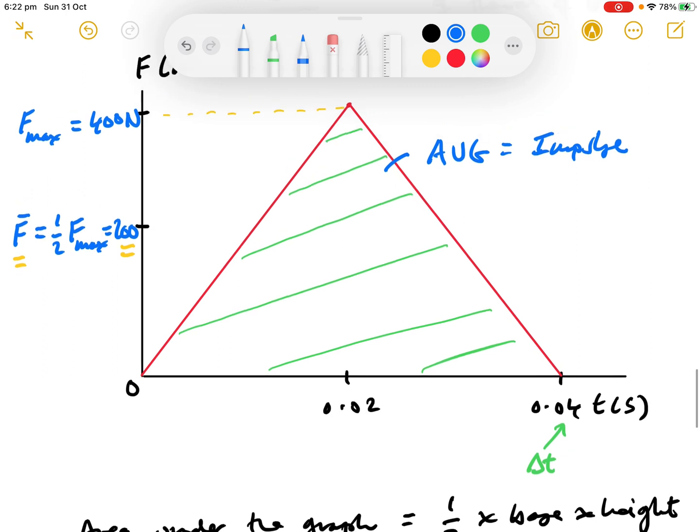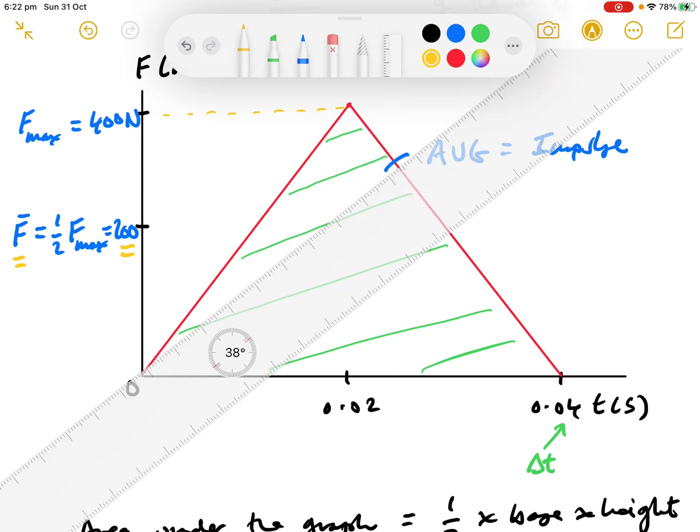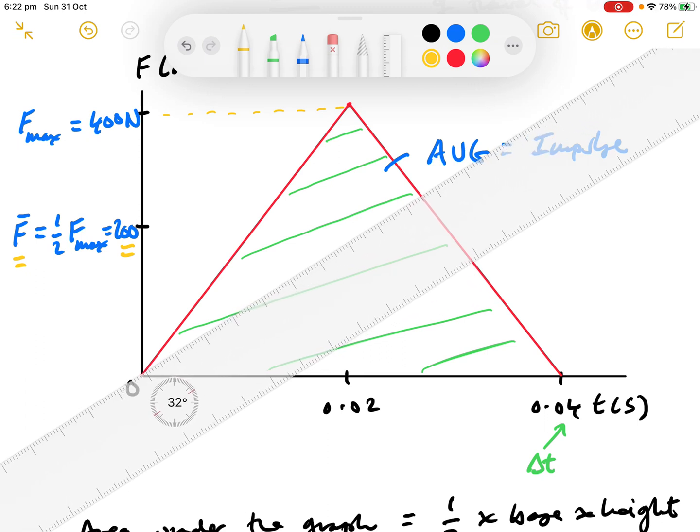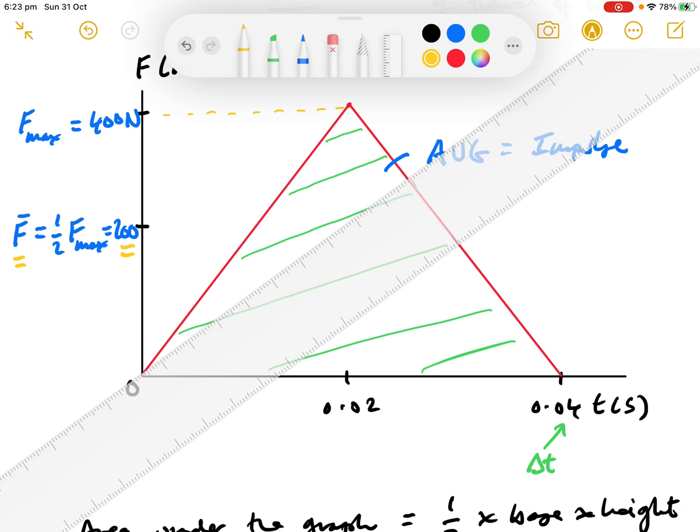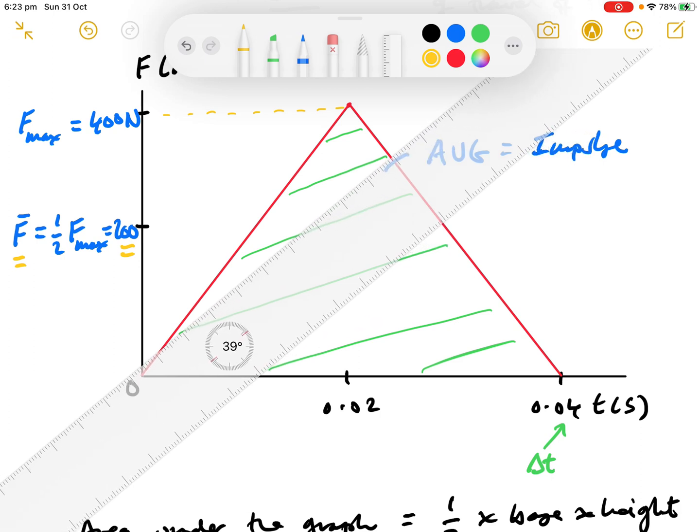So finally, you often get problems where it says something like the golf ball is replaced by a sponge ball. How would the graph sort of be different? Well, the thing about using a sponge ball is that it's basically going to give you a longer sort of interaction time.